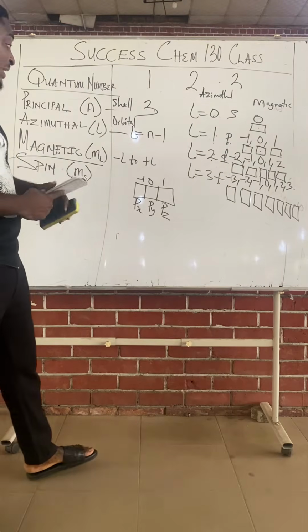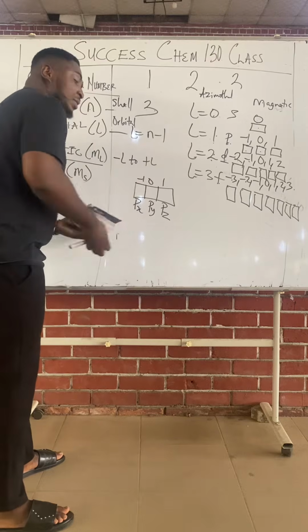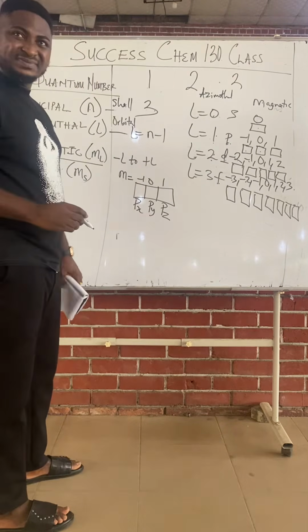Why is it important that you know this Px, Py, Pz? Because class, what are these numbers on top? Magnetic, right? These numbers on top are the magnetic quantum numbers.